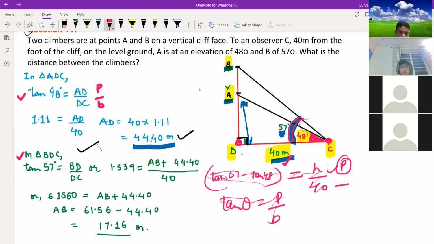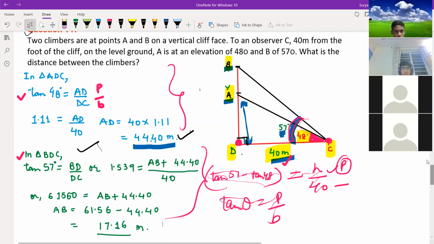Yes, sir. Or better you can do step by step. First part you can do, then second part you can do and get the answer. Okay. Now next, sir, questions have values other than 0, 30, 60, and 90, right? Yeah, that only question will ask.